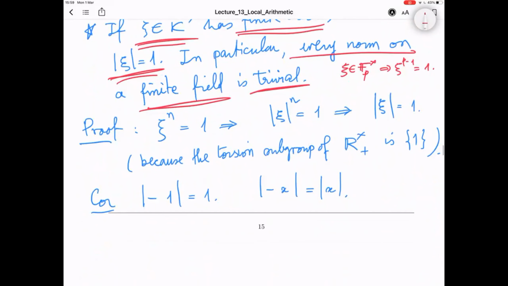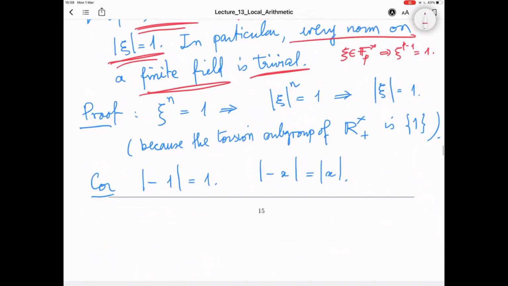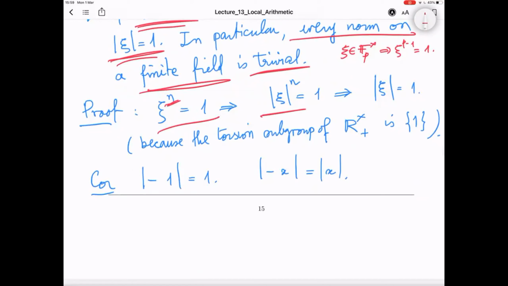Okay. And here's the proof. If psi is killed by n, then the norm of psi to the power n is equal to 1. And the only strictly positive element x in R star such that x to the n is equal to 1 is x equal to 1 itself.